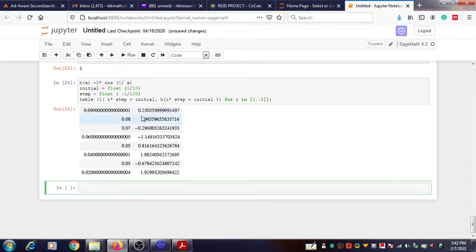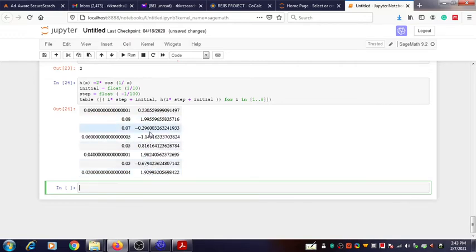At 0.09 we get 0.23, a positive quantity, but at 0.08 we get 1.99, a much higher value, and when we take 0.07 we get again a negative quantity. At 0.06 we get a negative quantity, but at 0.05 we get a positive quantity. At 0.04 it's positive, but again it changes to negative, and then goes to positive.